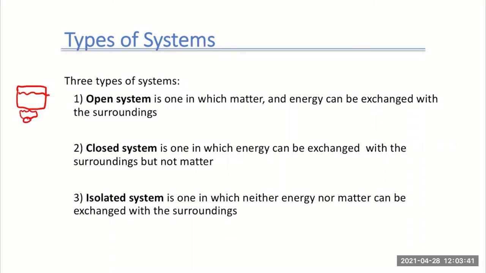I'm adding energy into that system. The water molecules are going to start converting into a gas, and so I'll start getting some water molecules up here. I'm going to start exchanging matter and giving matter to the surroundings. And if you ever hold your hand above a pot of water when it's heating up, it starts to feel kind of warm. So you're also exchanging energy with the surroundings.